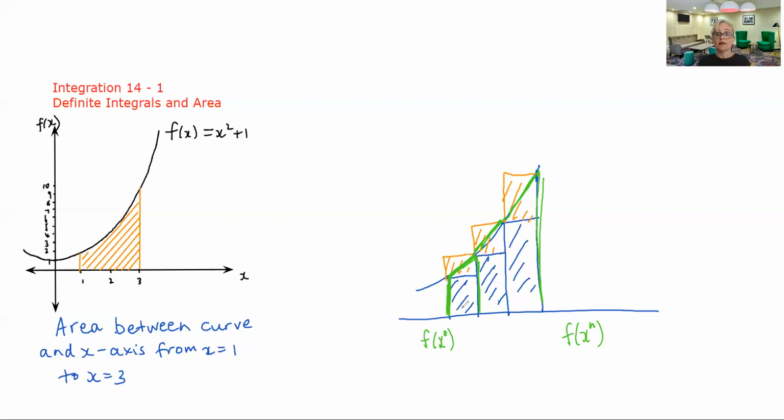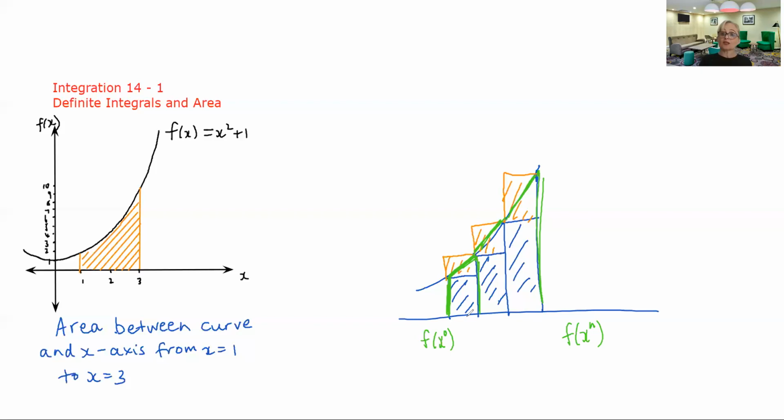Clearly, the more rectangles or trapeziums we divide it into, the more accurate it will be. So if you're going to be using your graphics calculator to use the trapezoidal rule, obviously, the more trapeziums you divide the area into, the more accurate you're going to be.